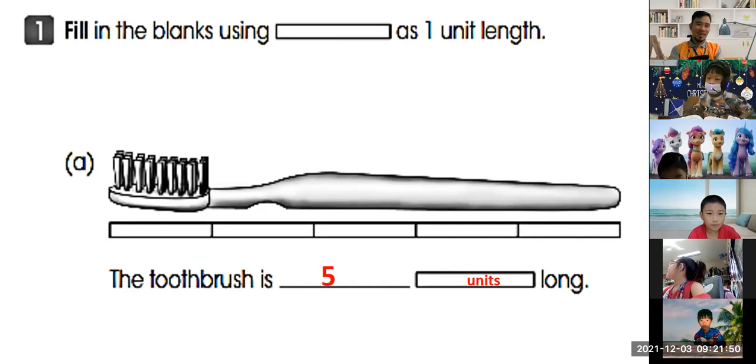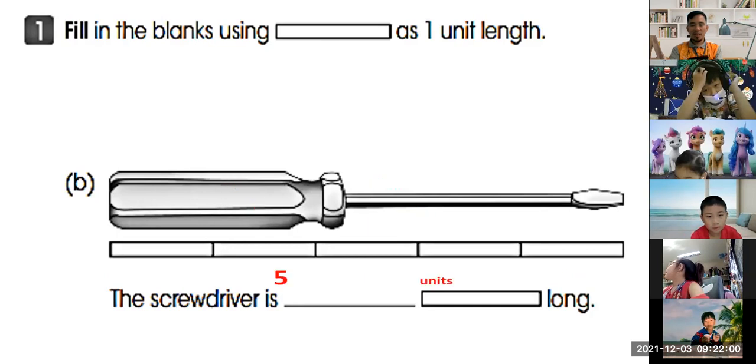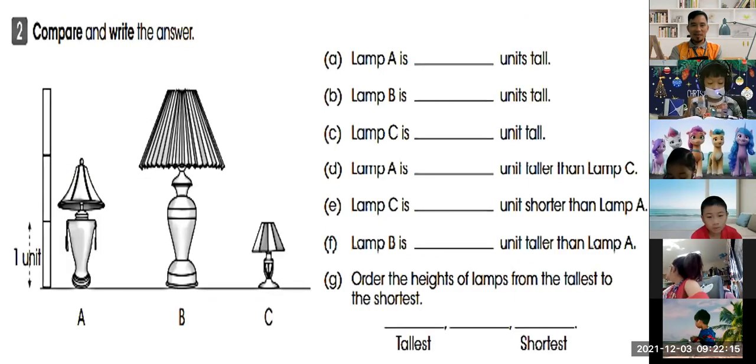And here, the screwdriver. How long is the screwdriver? The screwdriver is 5 units. How about the tube light? How long is the tube light? The tube light is 6 units long.